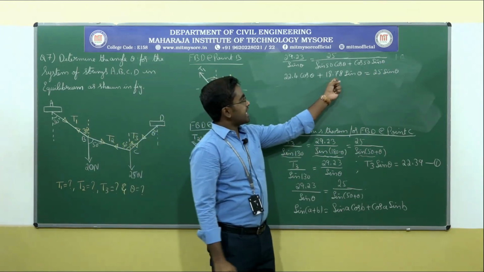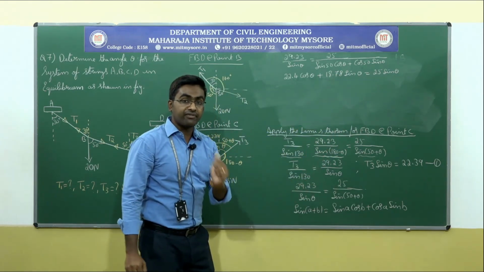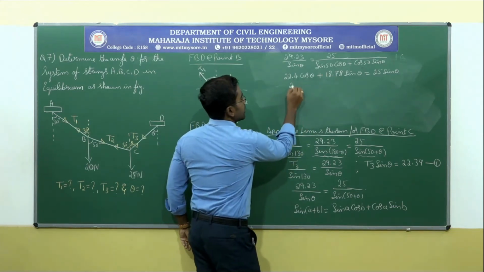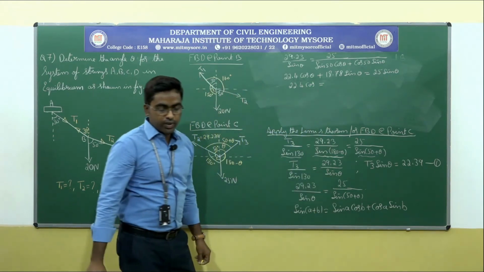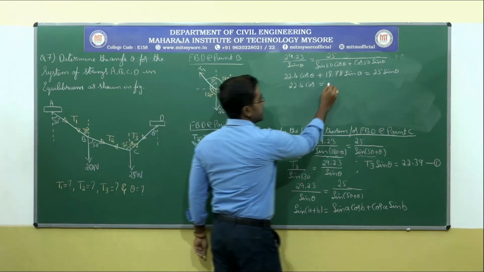So let me send this 18.72 sin theta to that side, so that it will be 25 minus 18.72. So that will be 22.4 cos theta will be equal to 25 minus 18.72, which is 6.2 sin theta.